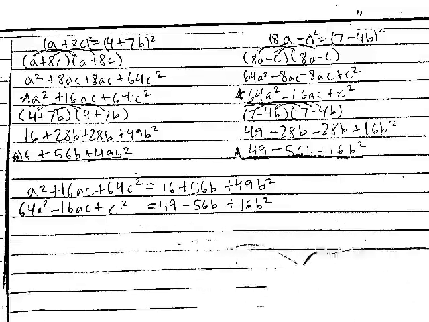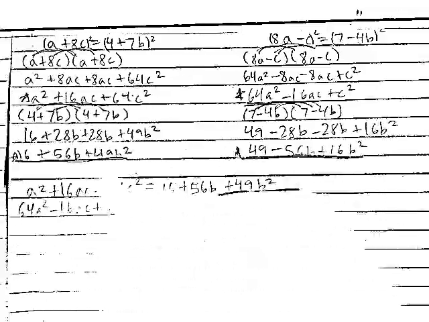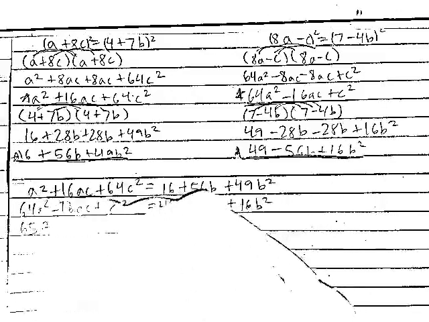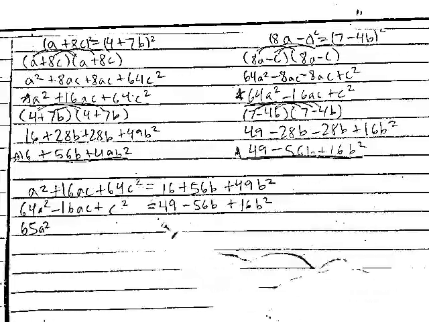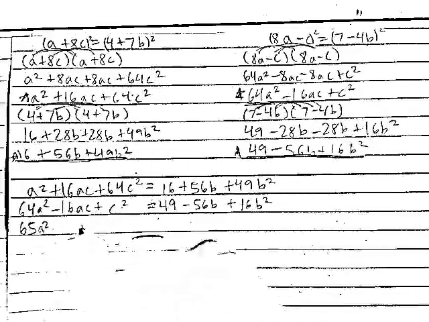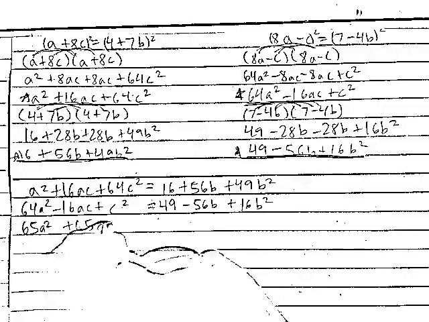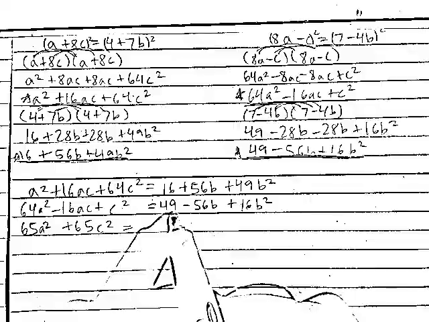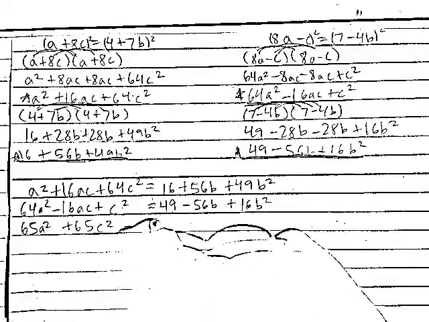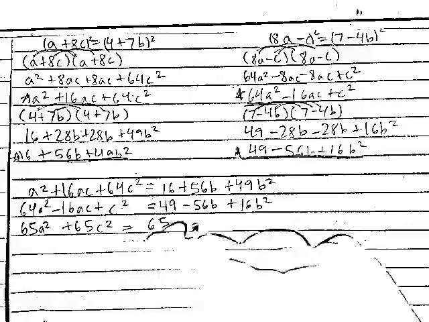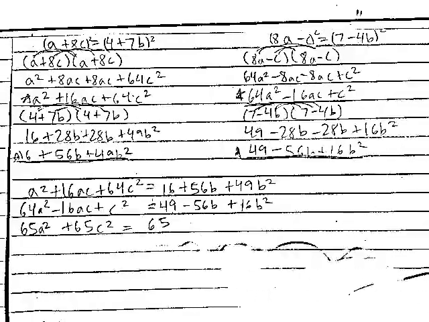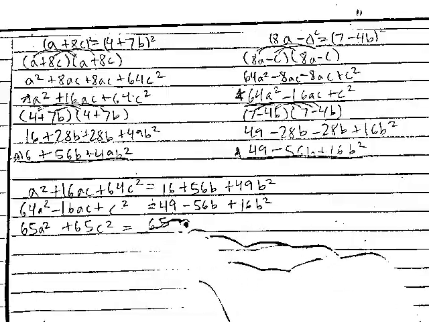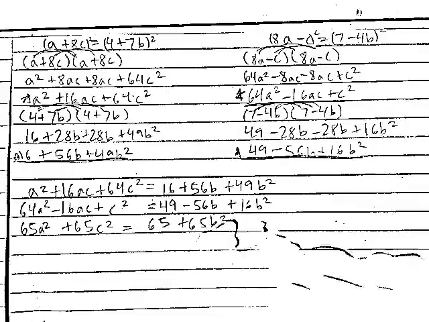Now we're going to add these two equations together, and I will get 65a squared. And these two cancel out. And then add 65c squared equals 65, these two cancel out, and then we're left with this, and this is also 65, 65b squared.